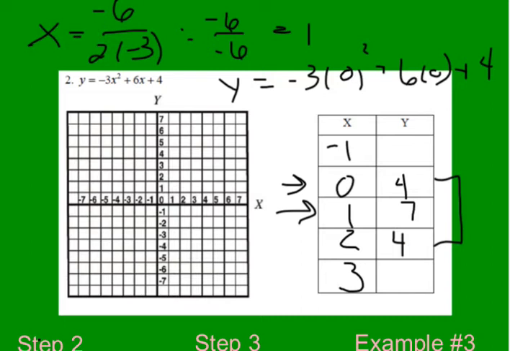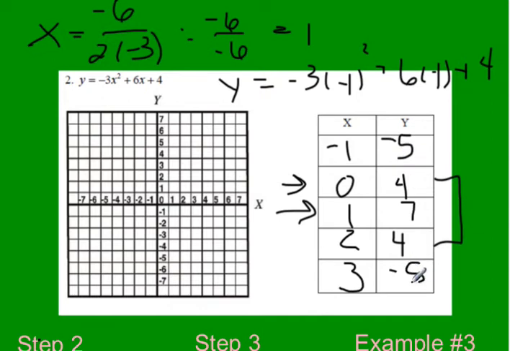Now we can plug in -1. When you're squaring a negative number, make sure you use those parentheses well. When you plug in a -1, you end up getting -5.